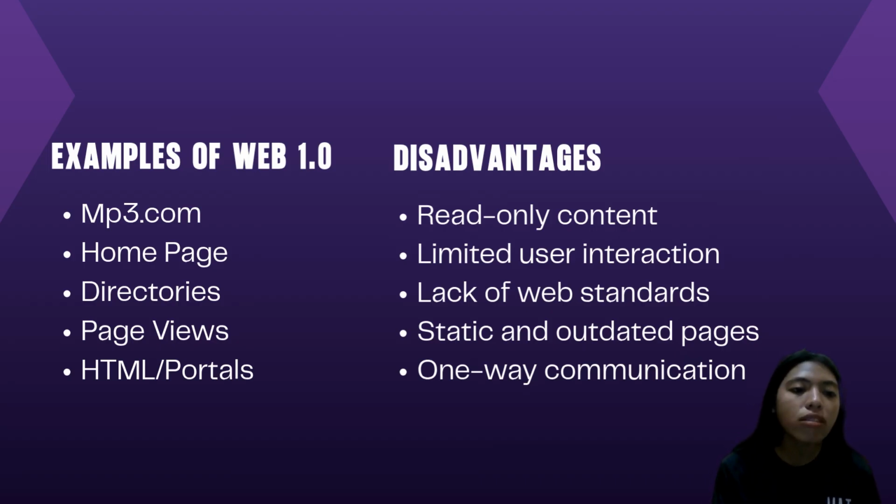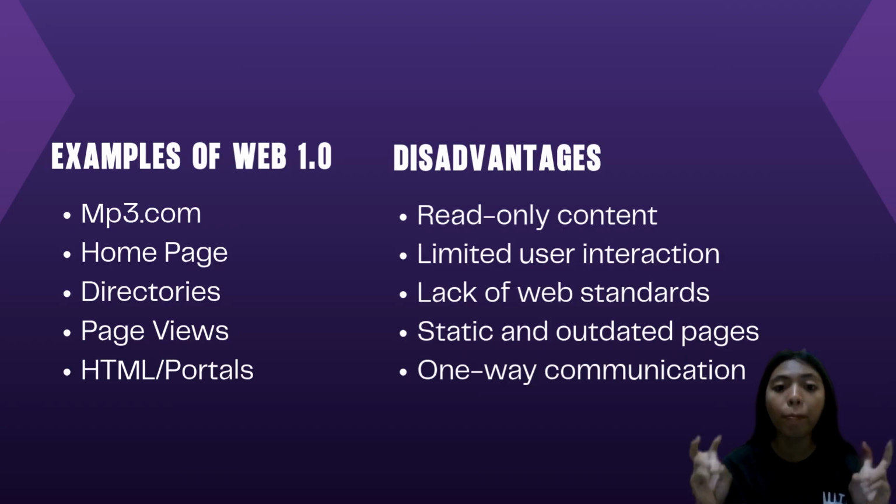Now, second is the homepage. So a homepage during Web 1.0 served as a digital brochure or introduction page for a person, organization, or company. It contained static information like an about us section, contact details, and sometimes a few pictures.